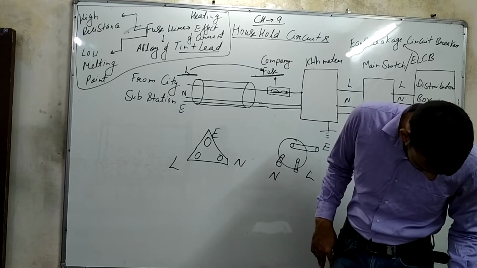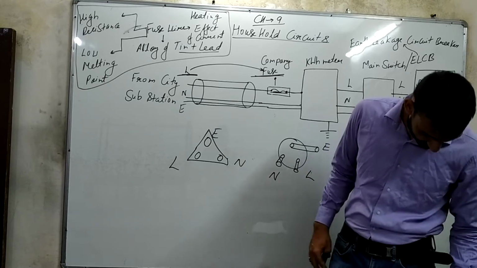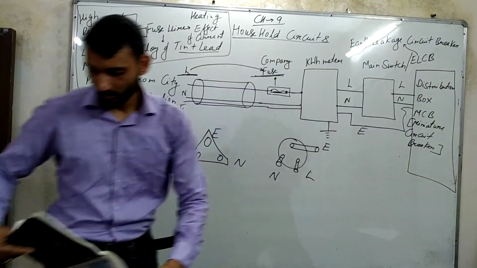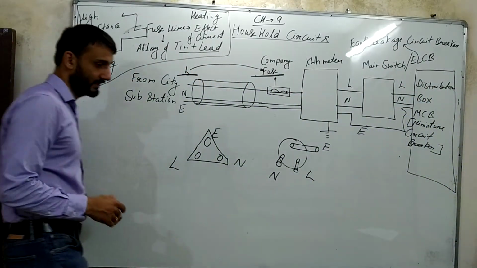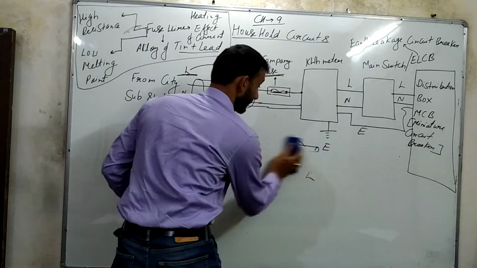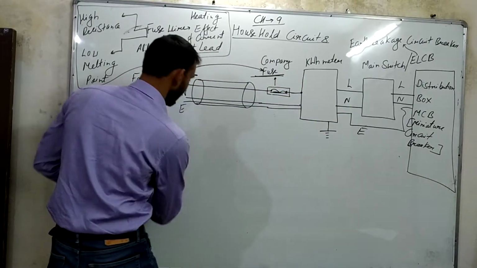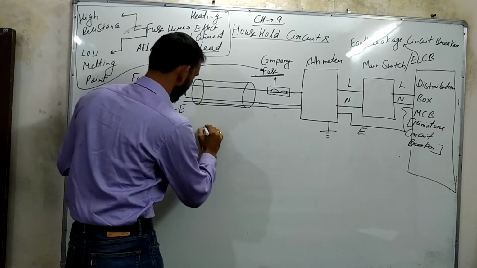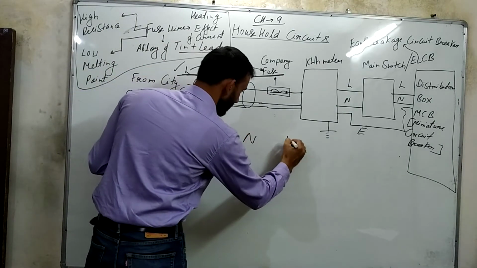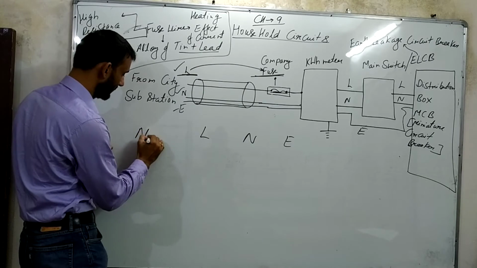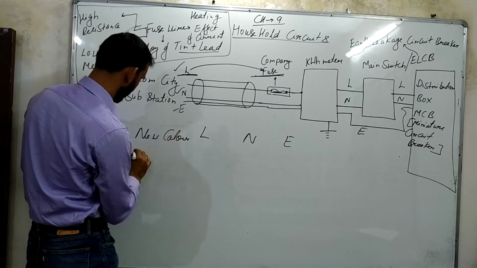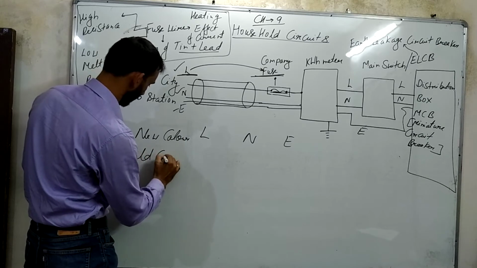Okay, this is discussed. Now safety, color coding of wires. So color coding of wires, if I write them here, we have 3 types of wire. Any convention you can use. 3 types of connecting wires I have already discussed with you: live, neutral, earth. Here I write new color. The last one is old color.